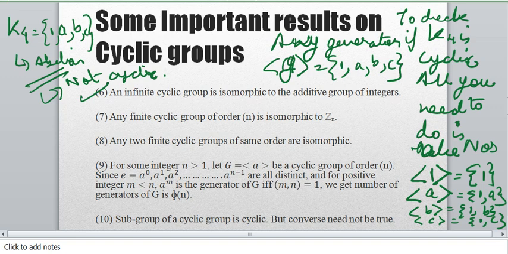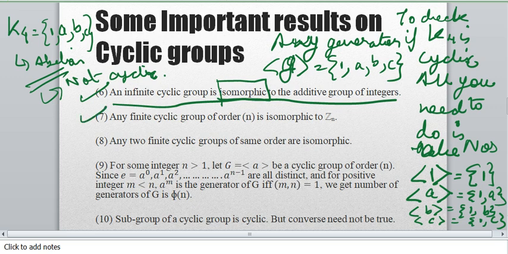Isomorphic, automorphic, endomorphic, homomorphism, there are many things that we need to understand. So let's not get into this word in detail now. Just you must know that an infinite cyclic group is isomorphic to the additive group of integers. We will talk about it in the next videos, not now. You're going to get absolutely confused.